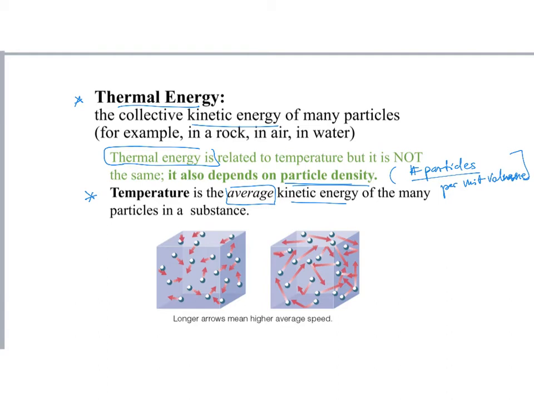For the temperature, you just take the average of the kinetic energy of all the particles that make up a substance. So we have here two examples. This one has, on average, small velocity and therefore small kinetic energy, and that's the formula for kinetic energy: the mass times velocity squared divided by 2. And here, as you can see, longer arrows mean higher average speed.